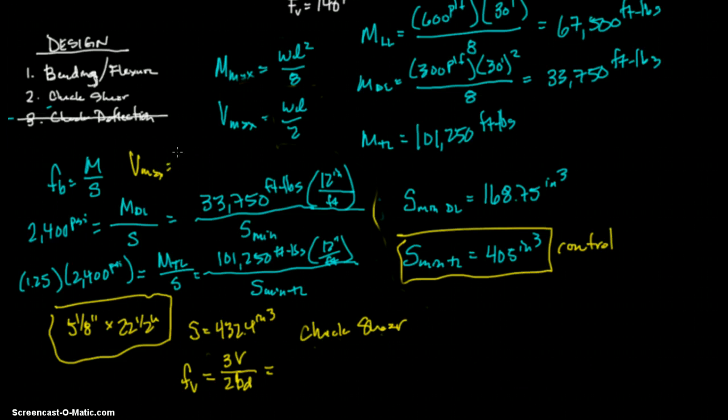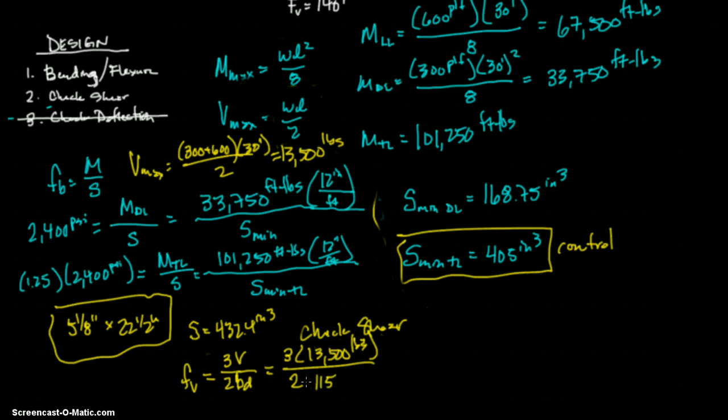Vmax equals, add them, 300 plus 600 is 900 times L, which is 30 foot, over 2, equals 13,500 pounds. Let's put this in here: 3 times 13,500. And remember, we're going to have to increase the allowable, which was 140, and our A is 115.3, and that comes from that chart as well, in inches squared.